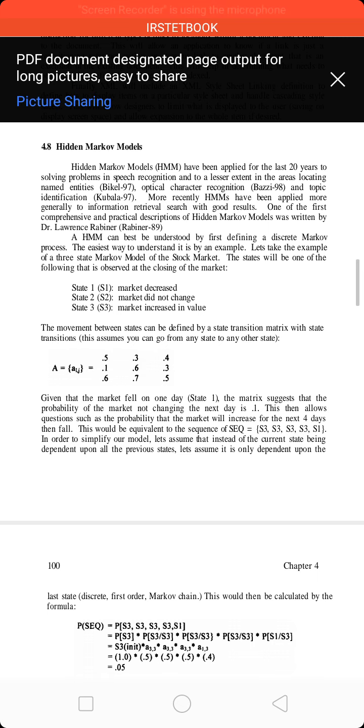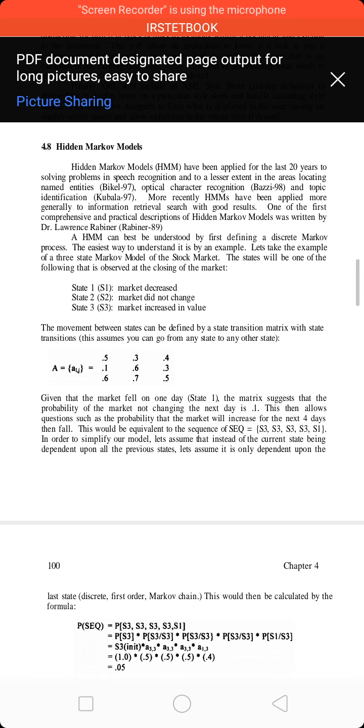So given the market fell on one day, that is state 1, the matrix suggests that the probability of the market not changing the next day is 0.1. Here the first line is S1, the second line is S2, the third line is S3.